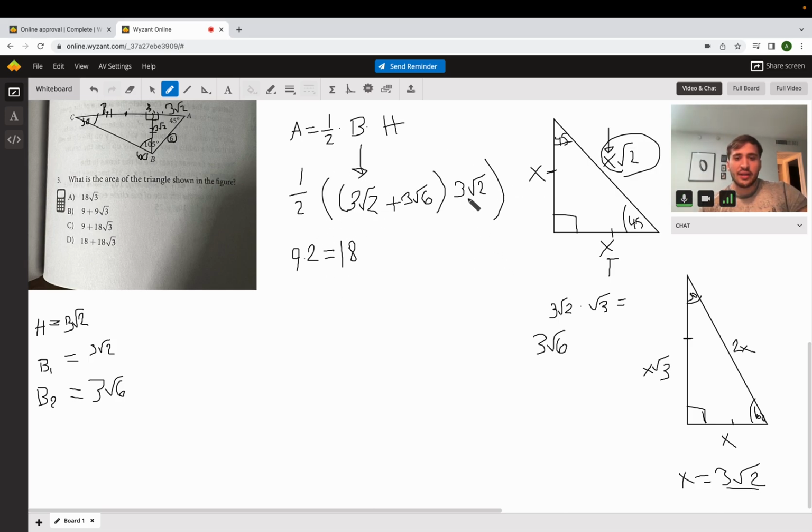What is 3 times 3 radical 2 times 3 radical 6? You're going to get 18 plus, what is 3 times 3? 9. What is radical 6 times radical 2? Radical 12. And we can go ahead and just simplify this by factoring. So 3, 4. This is prime, so we circle it. We factor down this to 2 and 2.